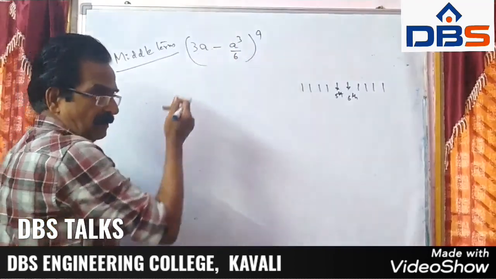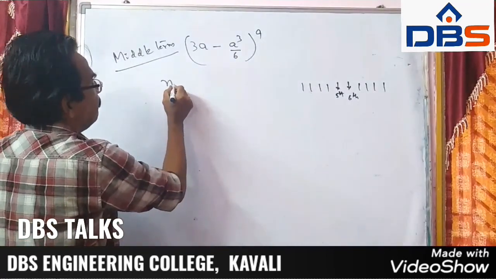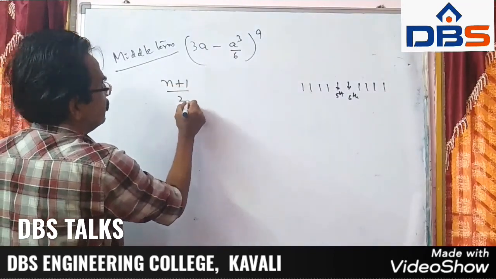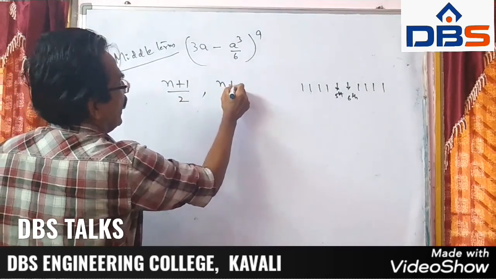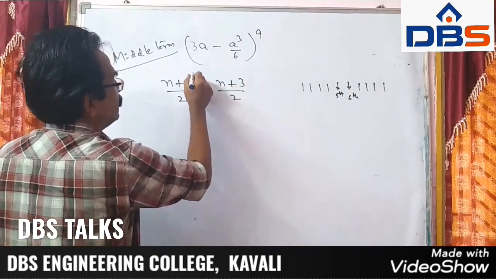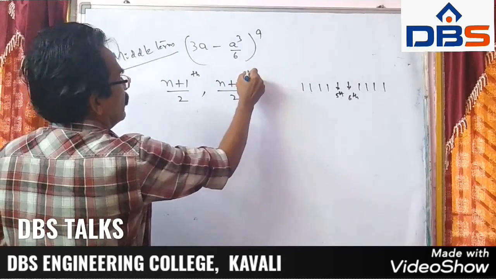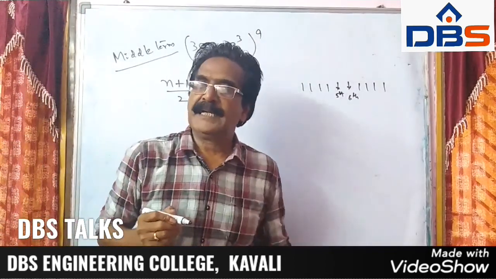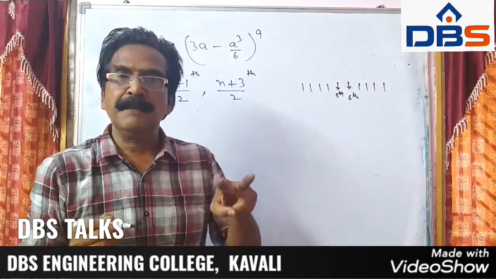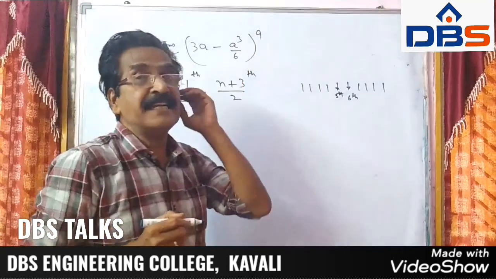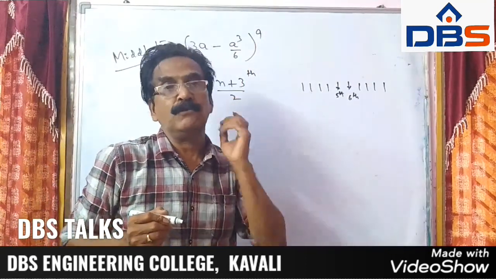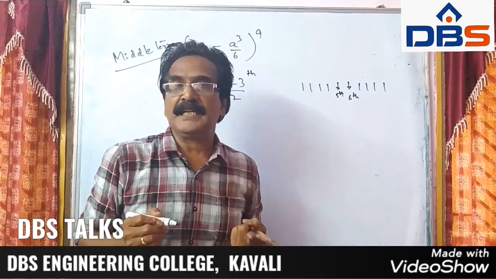So if n is odd, the (n plus 1) by 2th term and the (n plus 3) by 2th term are the two middle terms. So when n is odd, we will have two middle terms.